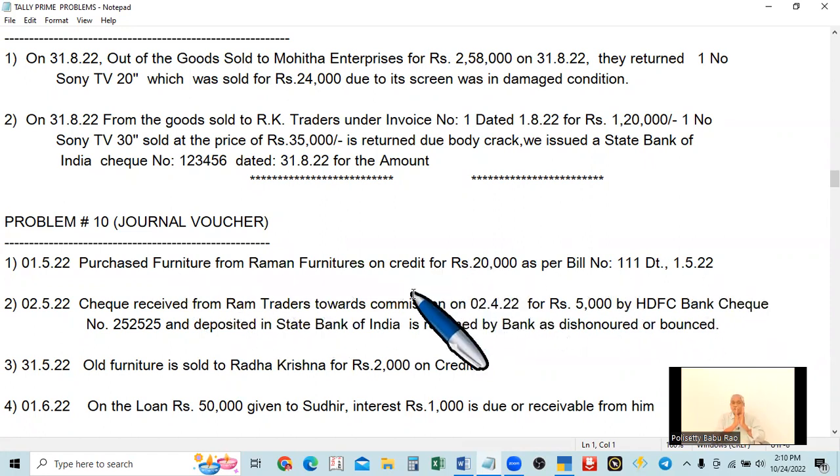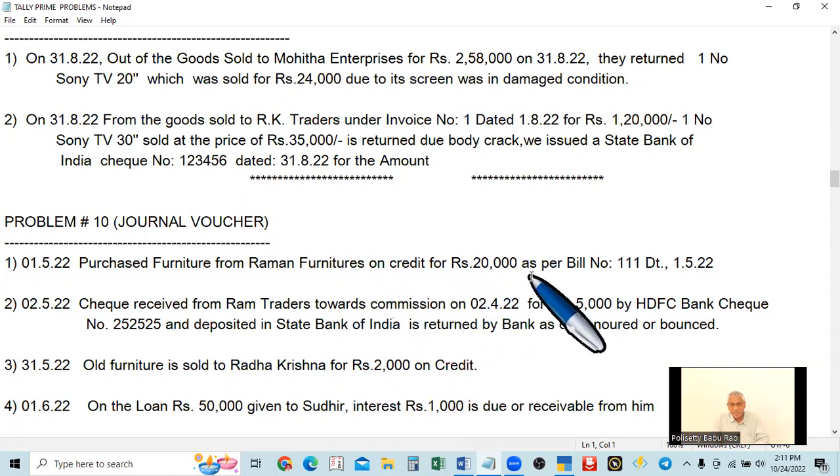So we cannot record it in the purchase voucher. We cannot record it in the payment voucher either. If we pay the money, that is a cash purchase, and in the case of an asset we can enter it in the payment voucher. In the case of goods, cash or credit, everything goes in the purchase voucher only.